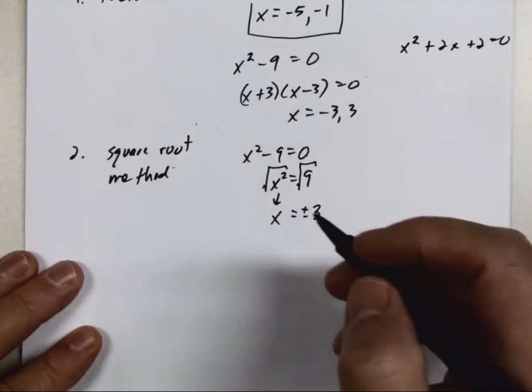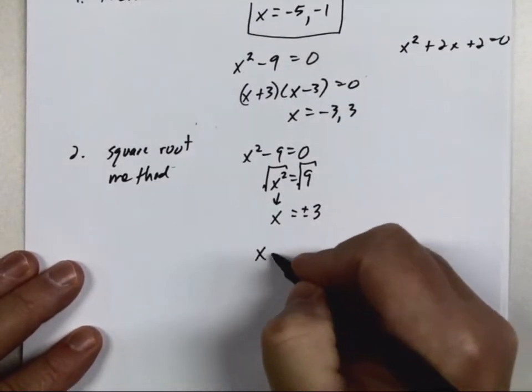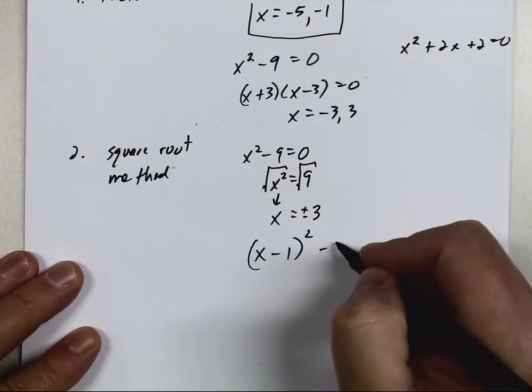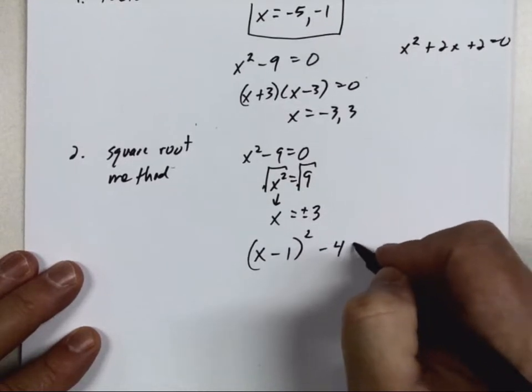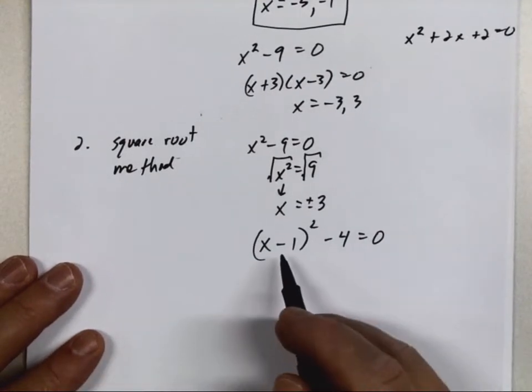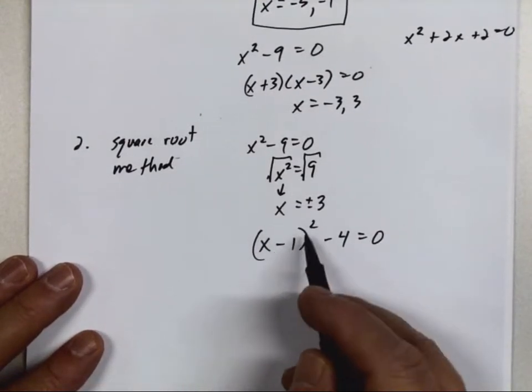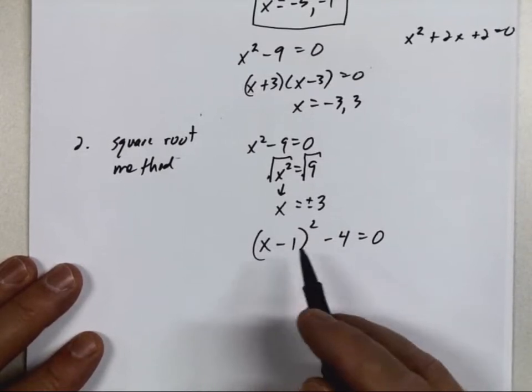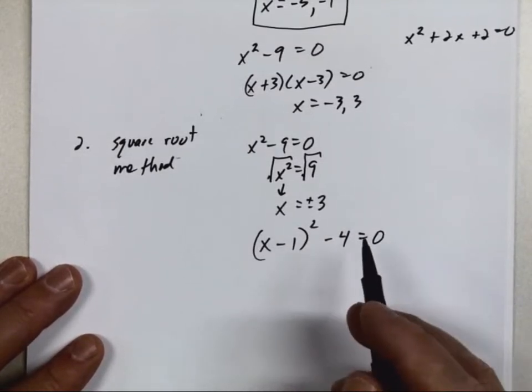Here's another example. Now, you could solve this by multiplying out the parentheses, combining like terms, and then seeing if it factors or these other properties.